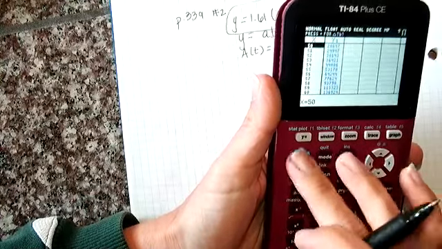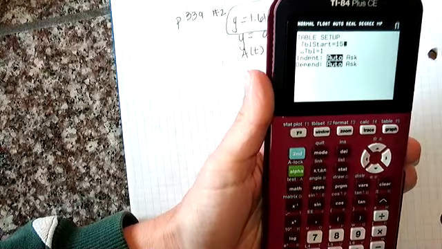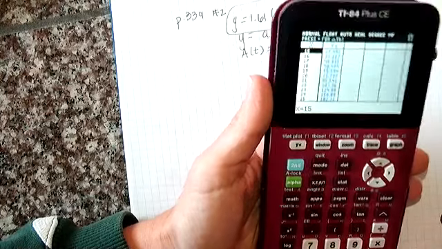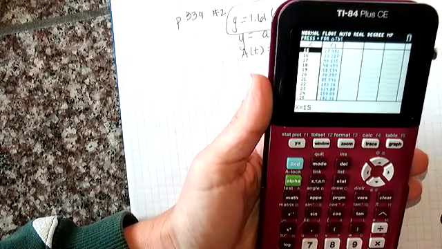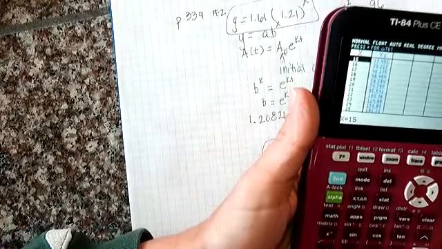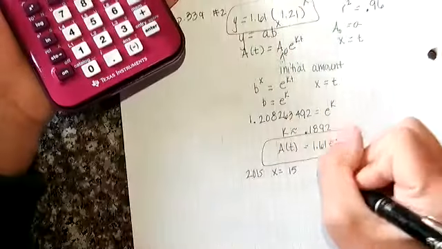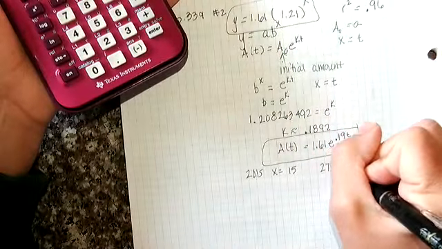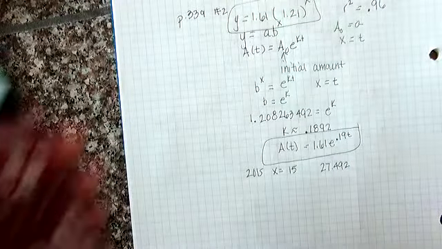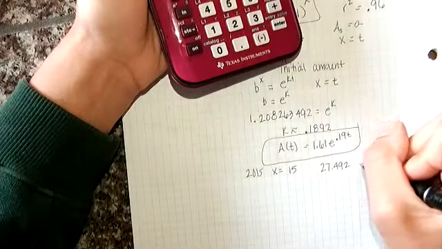Second table, I'm going to start my table at 15. And 27.492. Okay, and I don't know, what are we? Billions of gallons, holy guacamole.